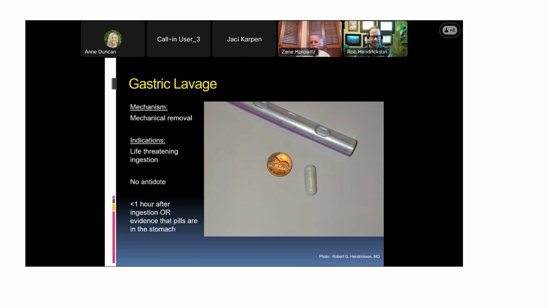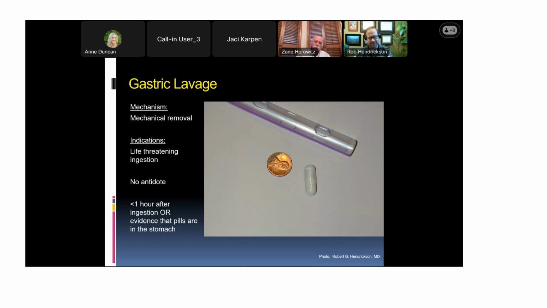If I'm standing at the bedside thinking that this person is going to die no matter what I do, and it's early enough, then I would consider doing gastric lavage. The times we see it are extremely rare, usually when we're thinking this person has a very high chance of doing very poorly. If there's an easily treatable antidote, then we shouldn't be doing lavage, because we just give them the antidote.